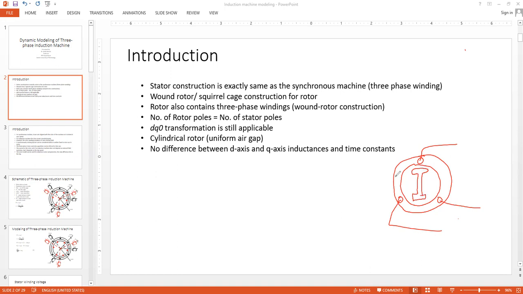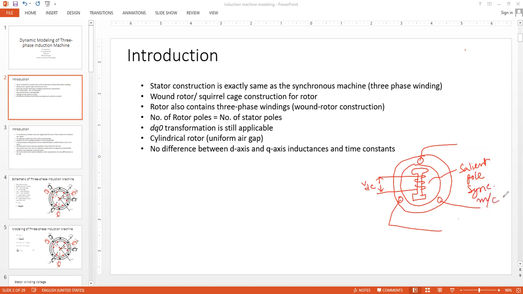So let's say if it is a two-pole machine, then we introduced this field coil, which was actually supplied by some external DC source. So this was the construction of the salient pole synchronous machine.